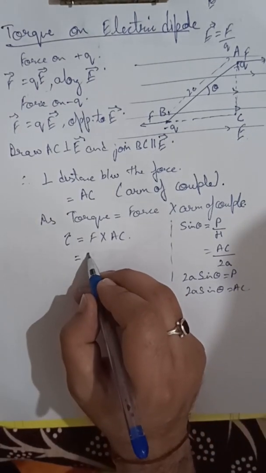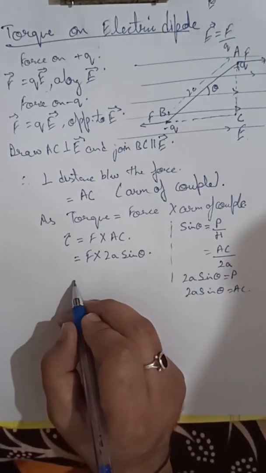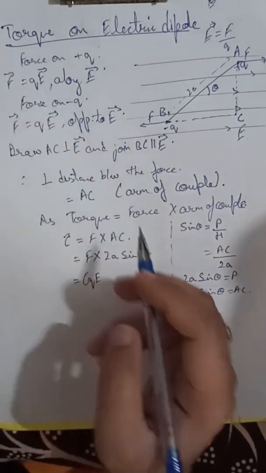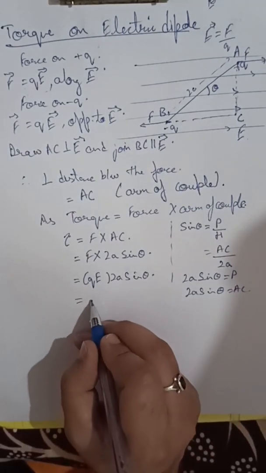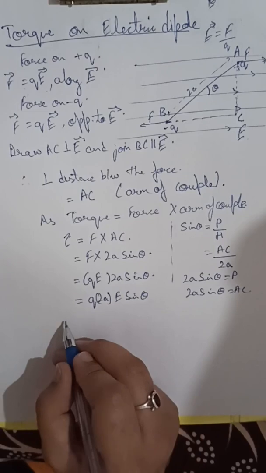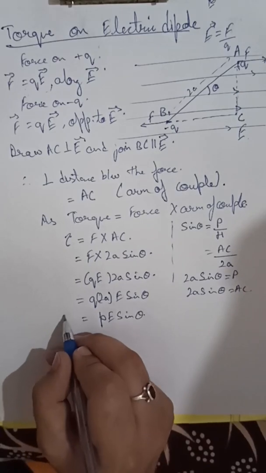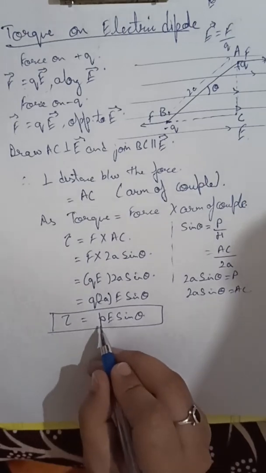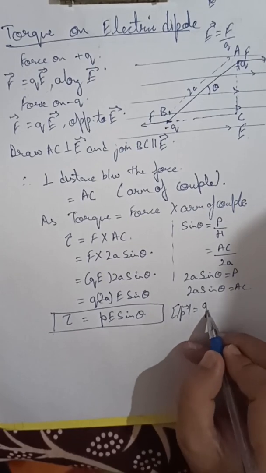So we get F into twice of A sine of theta, as force is equal to QE, into twice of A sine of theta. So we have Q into twice of A into E sine of theta, which gives PE sine of theta. This is your torque in magnitude. From where do we get P? Because P is equal to Q into twice of A.